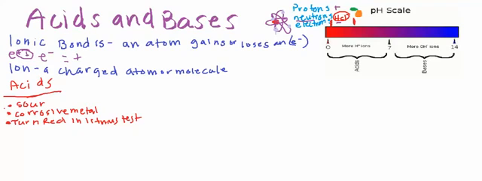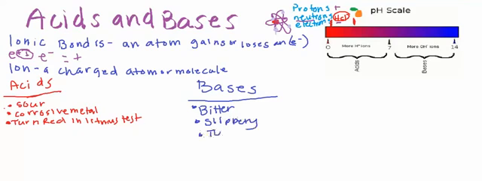So now you turn your attention over to bases. Bases are typically bitter, they are slippery, they turn blue in a litmus test, and their pHs are 8 to 14.